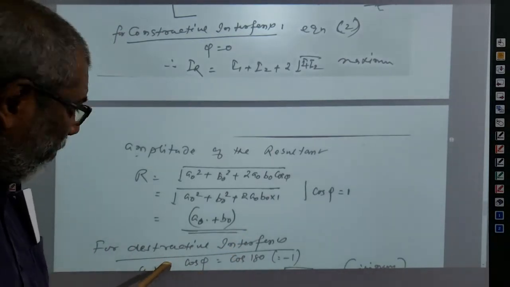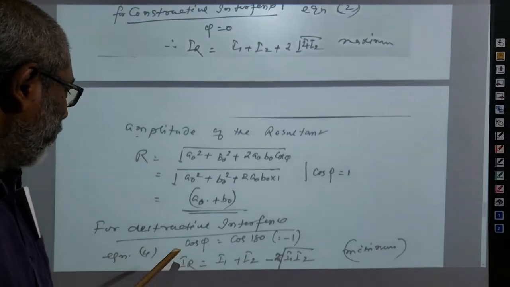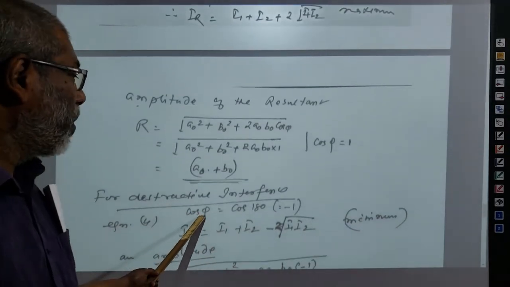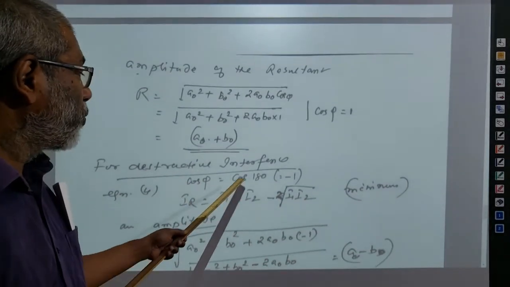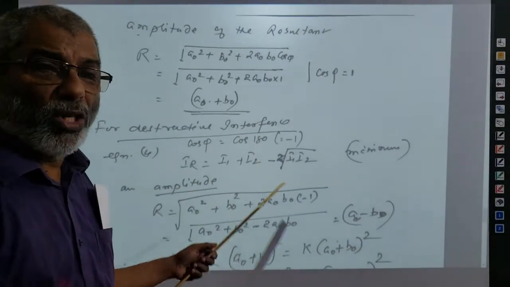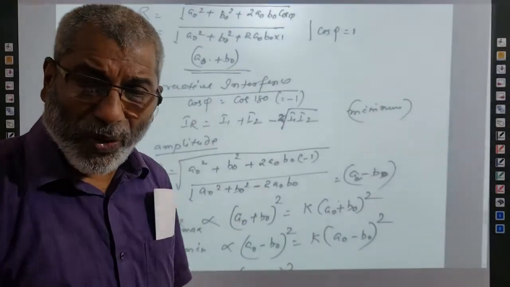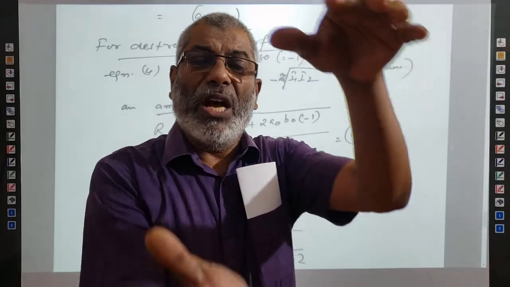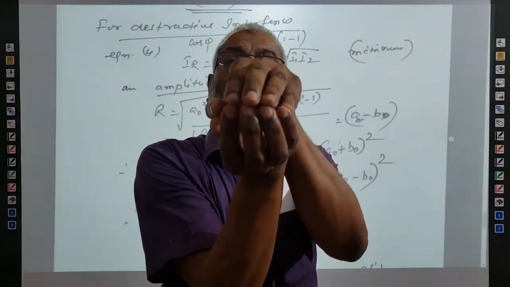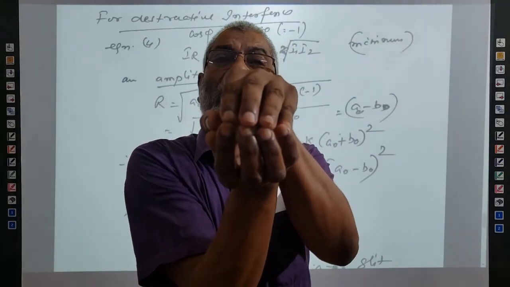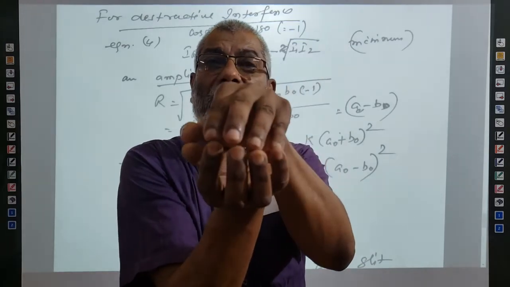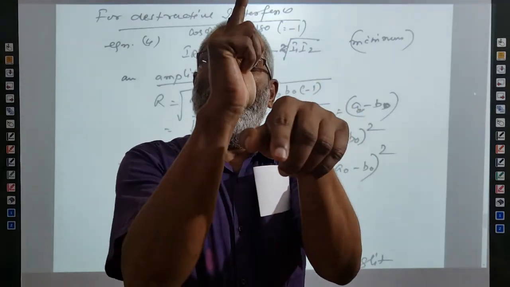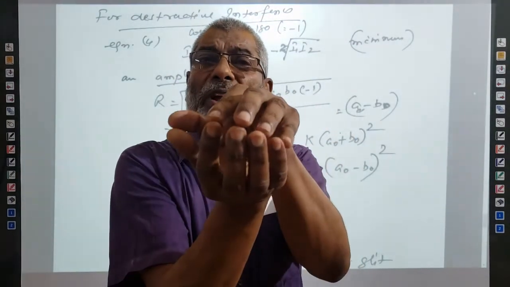For destructive interference, in equation 4, phi is equal to 180. Why phi is equal to 180? Because in destructive interference, two waves are interfering out of phase. Out of phase means 180 degree phase: one is a crest and the other is a trough. What is the phase difference then?